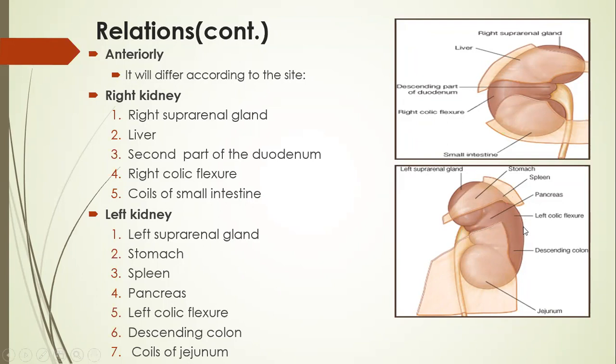Then we have the left colic flexure as well as the descending colon and the coils of the jejunum, part of the small intestine. So these are the anterior relations we have. As I said, the posterior relations are the same for both sides of the kidney, but the anterior relations differ on right and left.